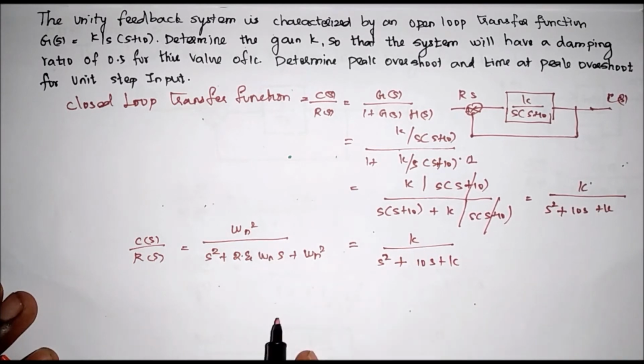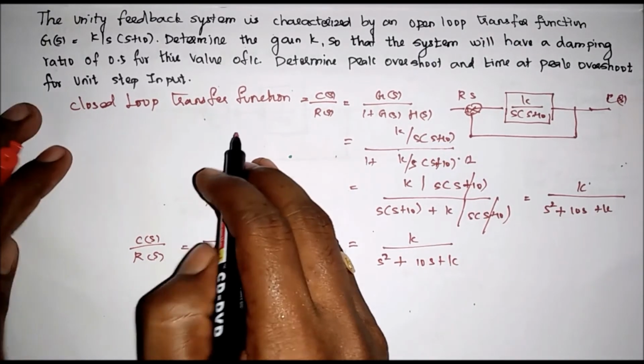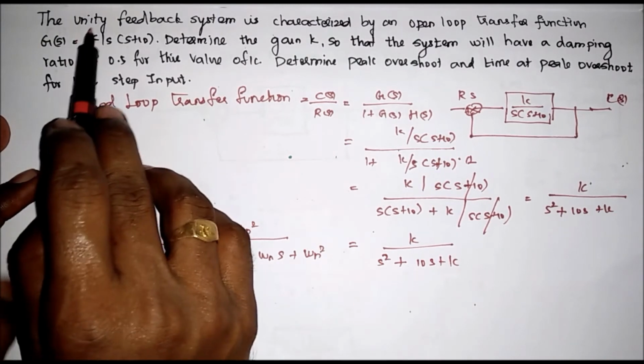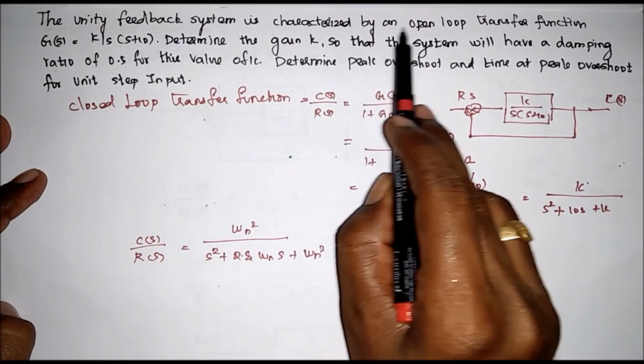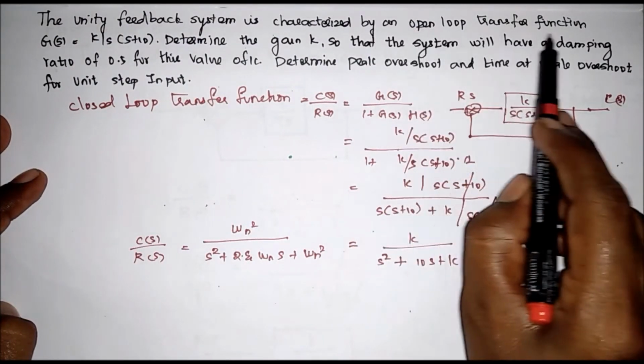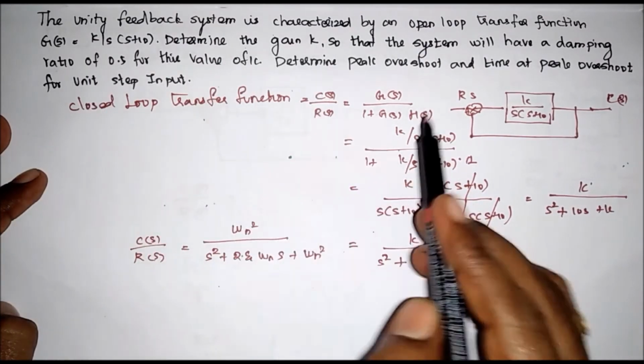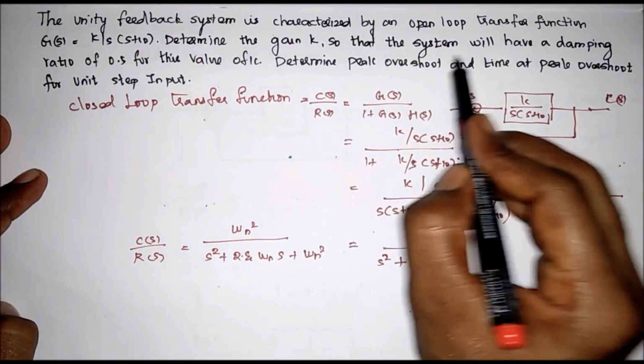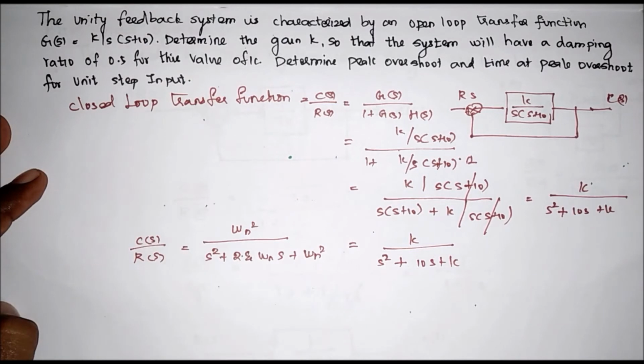Now we go back to the given problem: determine the gain K so that the system will have a damping ratio of 0.5.